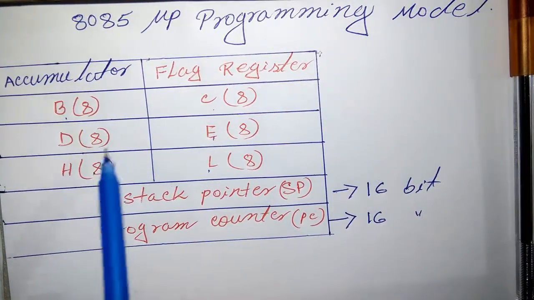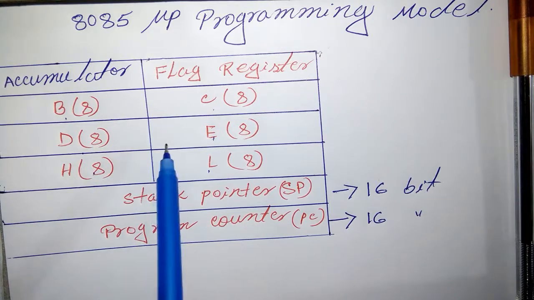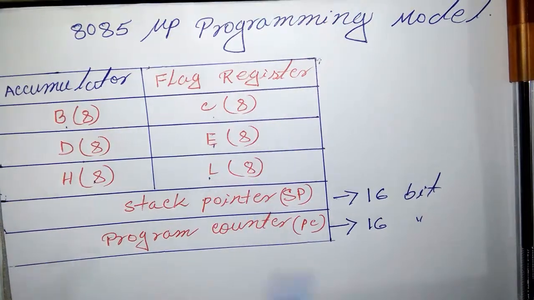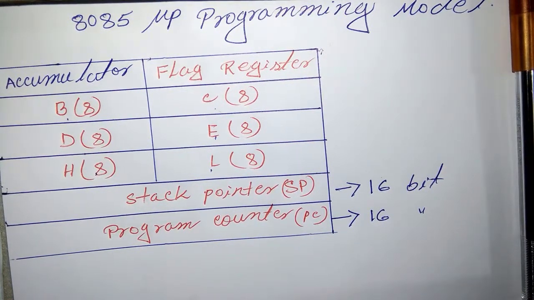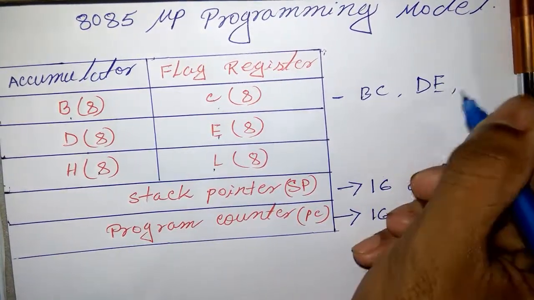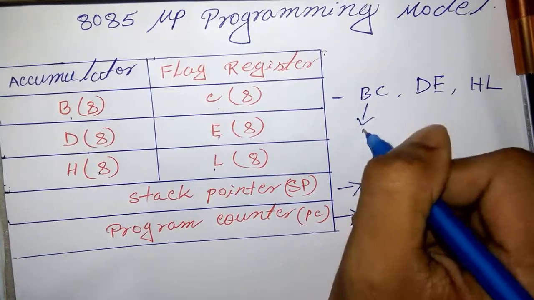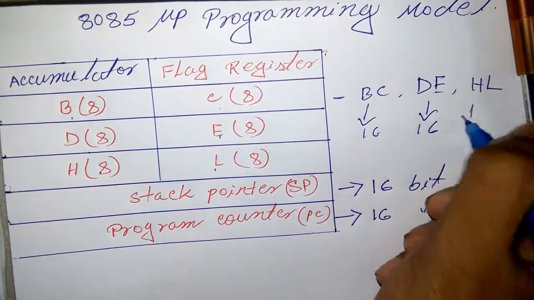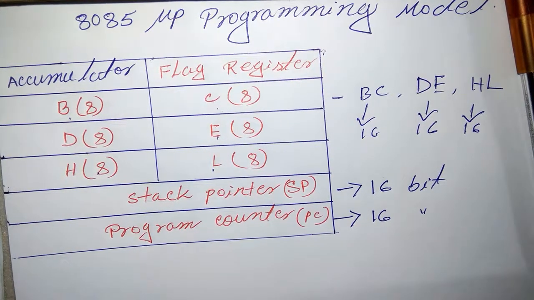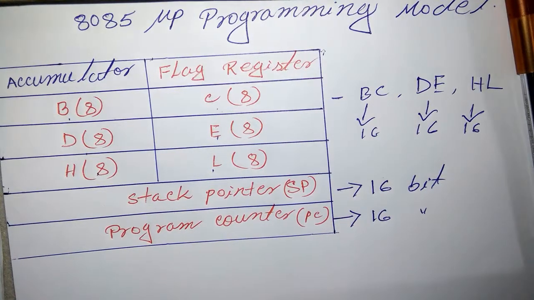All are 8-bit, and two of them in addition can be combined as a 16-bit register pair like BC, DE, HL. To perform 16-bit operations, the program can use these register pairs to store or copy data into the registers by using data copy instructions.